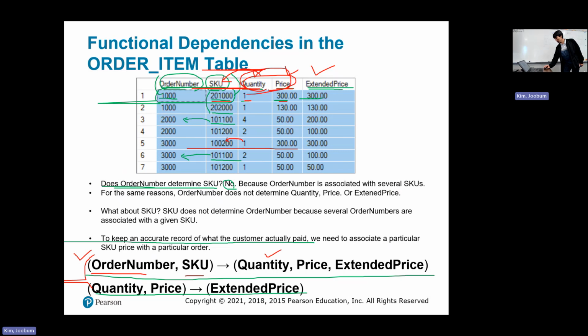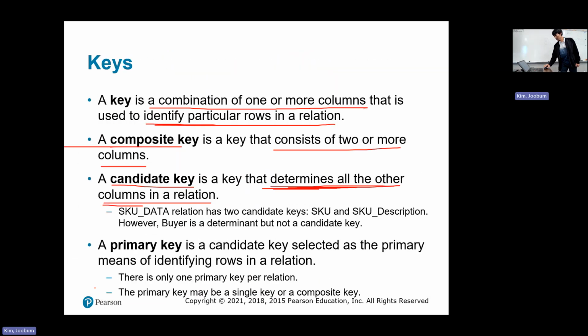Quantity and price only determine extended price, they don't determine SKU and order number. So it cannot be a candidate key.